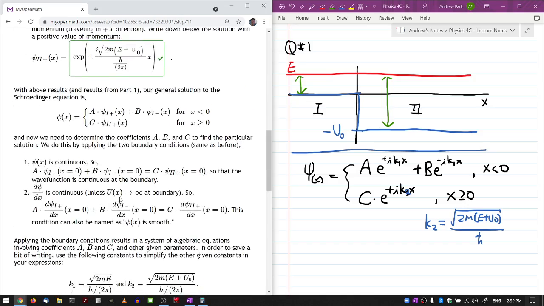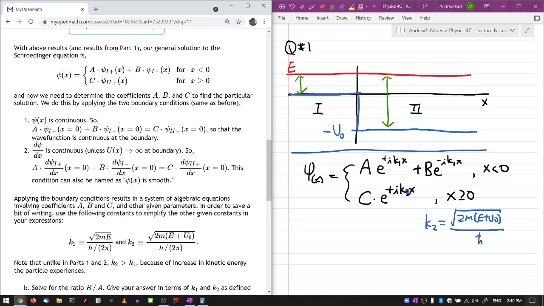With the above results and the result from part 1, our general solution is this. Now we need to determine coefficients A, B, and C. I hope this is beginning to sound repetitive, because it quite is. Applying the boundary conditions, we say the wave function is continuous, and the first derivative of the wave function is continuous. Let me write down those equations that you have seen me write down twice before.